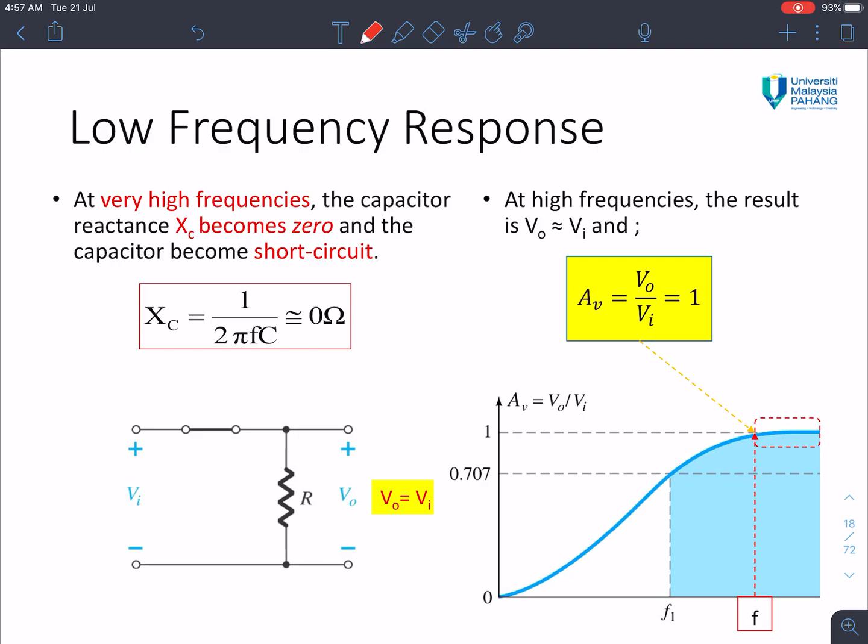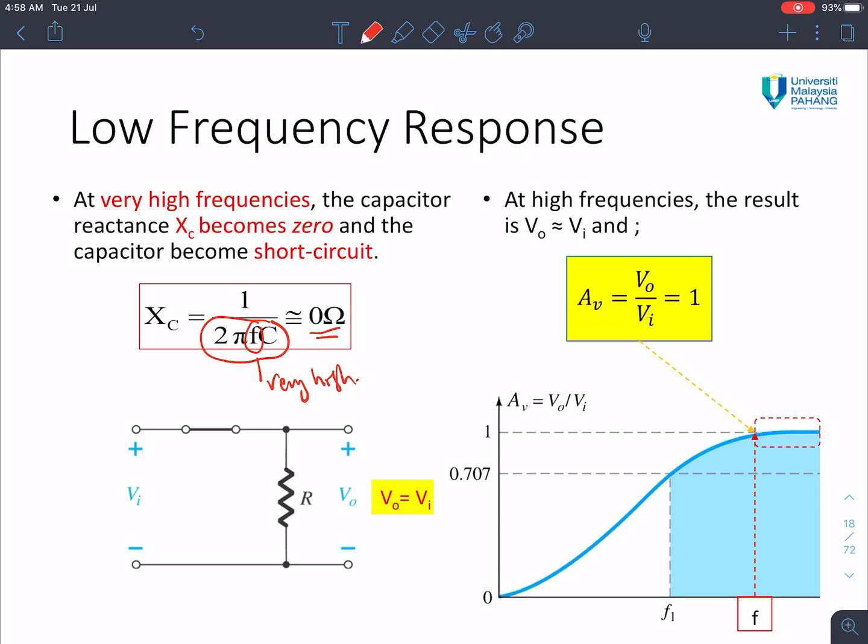At very high frequency, the capacitor reactance XC becomes 0 and the capacitor becomes a short circuit. When we divide 1 by 2 pi FC, this value becomes very small, so the reactance decreases until it reaches 0 ohm.